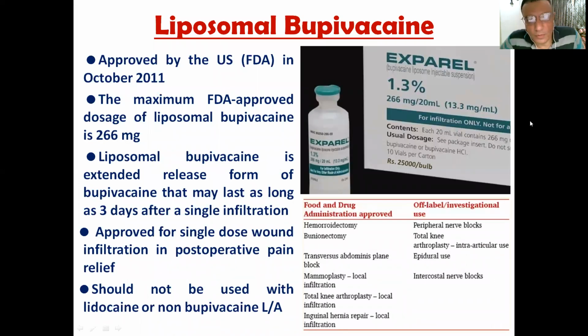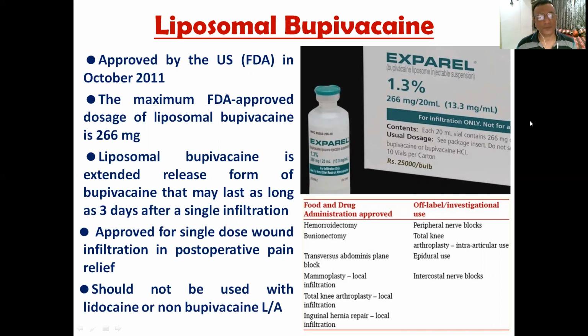Second thing is liposomal bupivacaine, one of the best drugs available all over the world, approved by the US FDA in October 2011. It looks like propofol, a milky white solution. The FDA approved maximum dose of liposomal bupivacaine is 266 milligram.